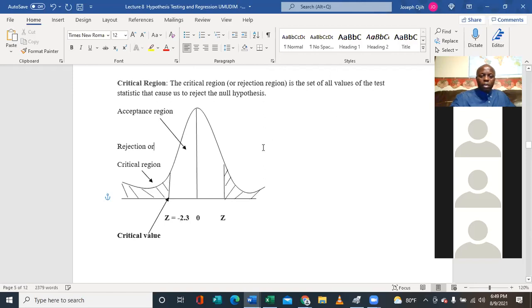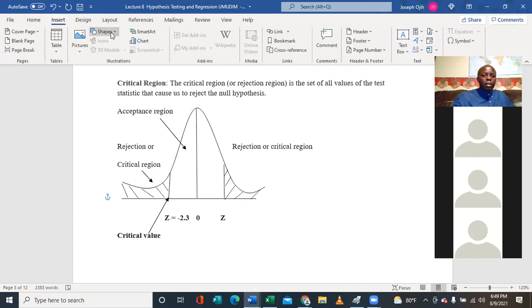Now, the same thing here, we have a rejection region, or critical region. It starts from here.